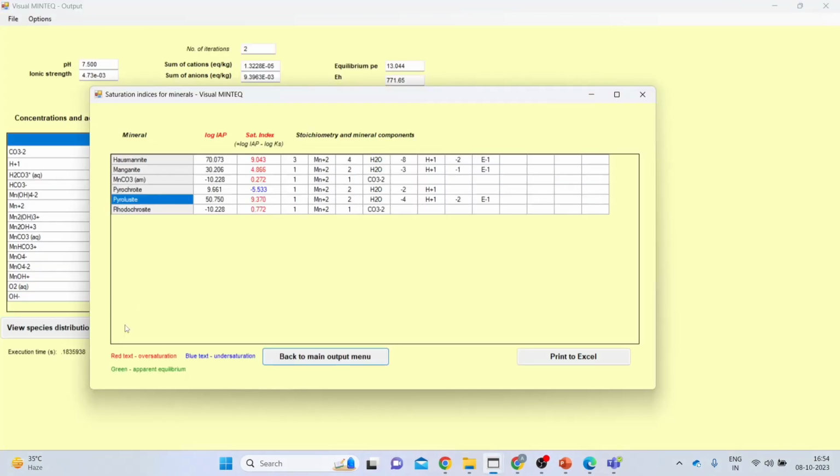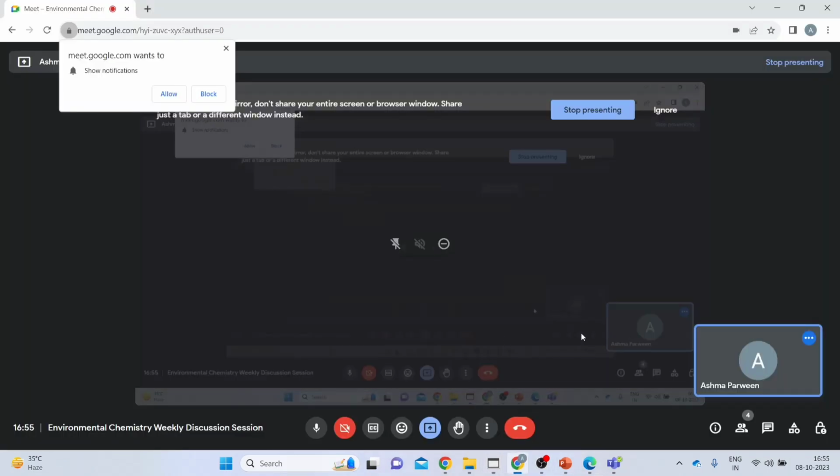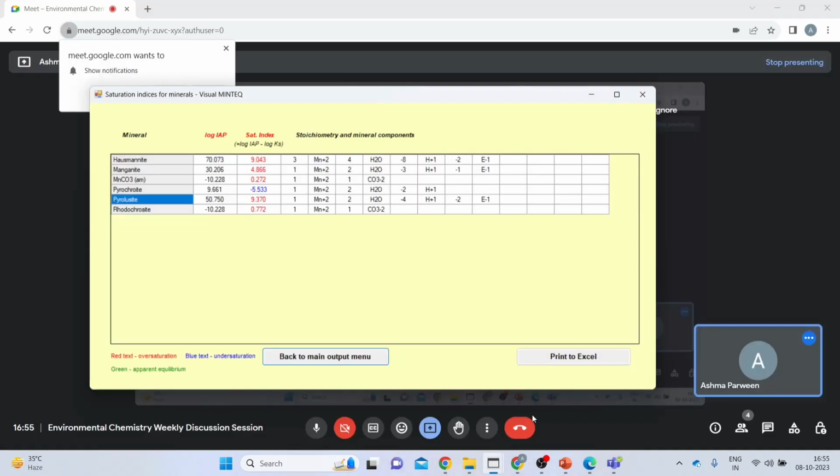So after going to saturation indices, we can see the compounds which are shown here in red have a supersaturation index of greater than 0, and we know that if a compound has a supersaturation index greater than 0, then the solution is supersaturated with respect to that compound.